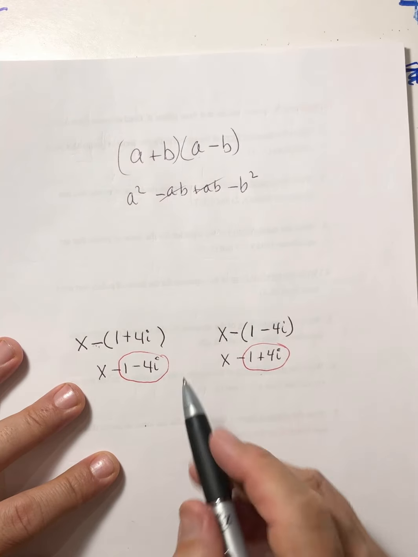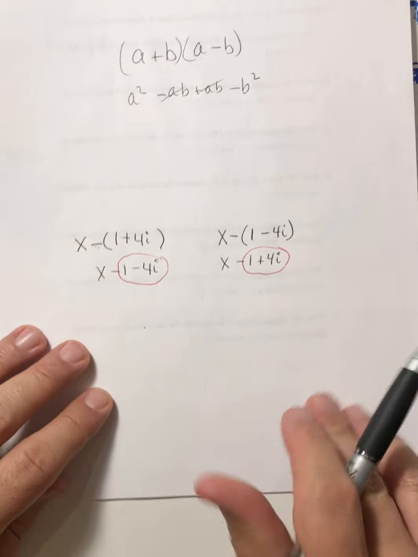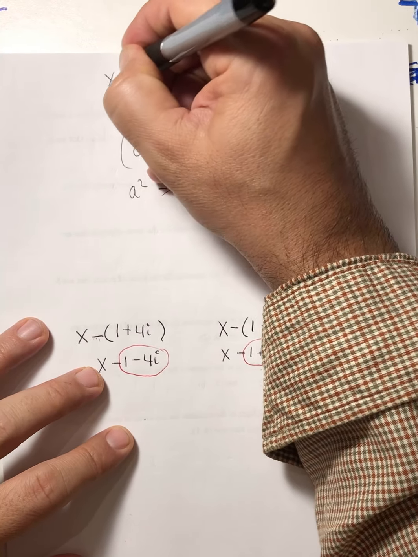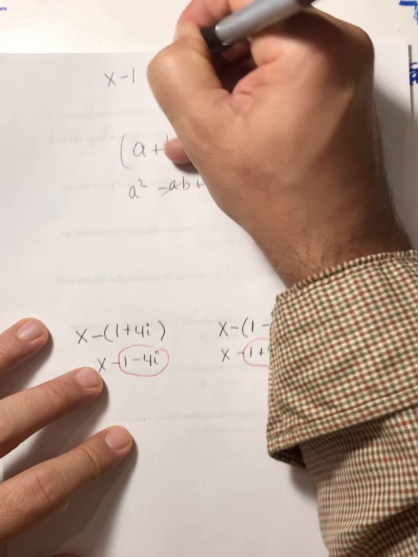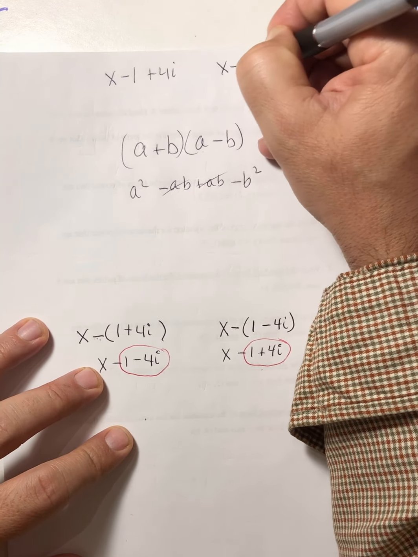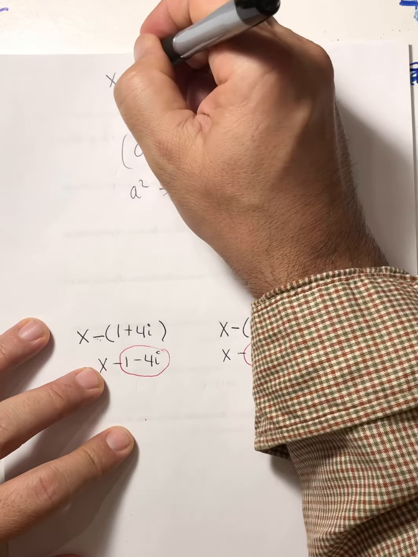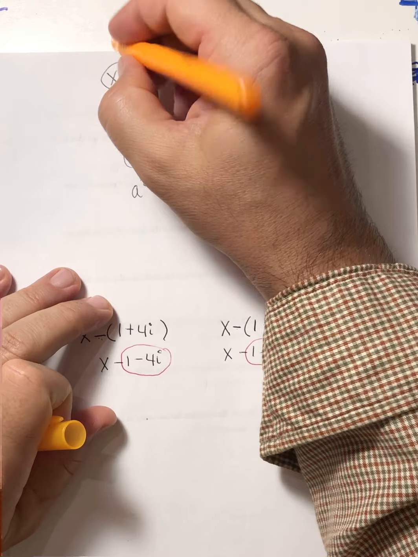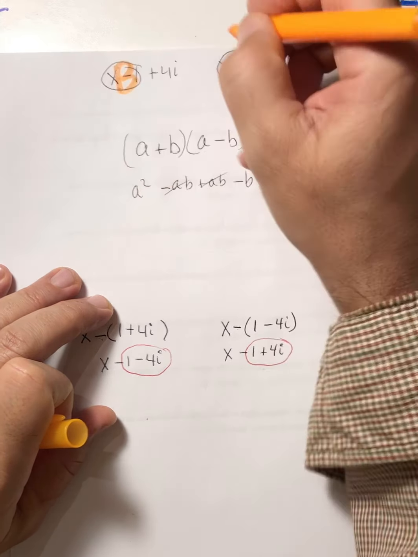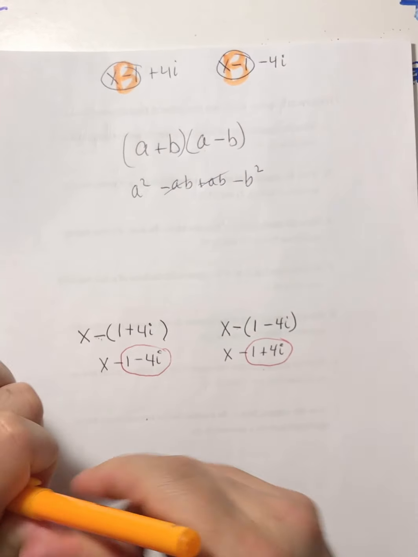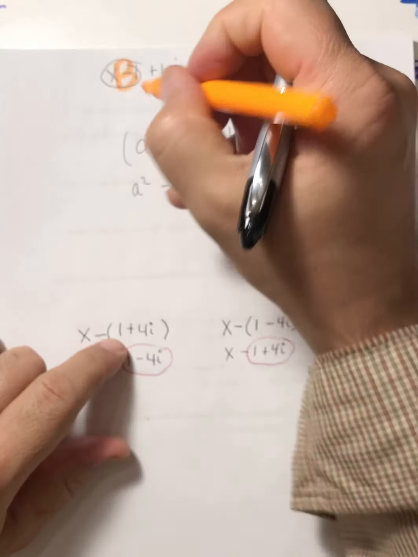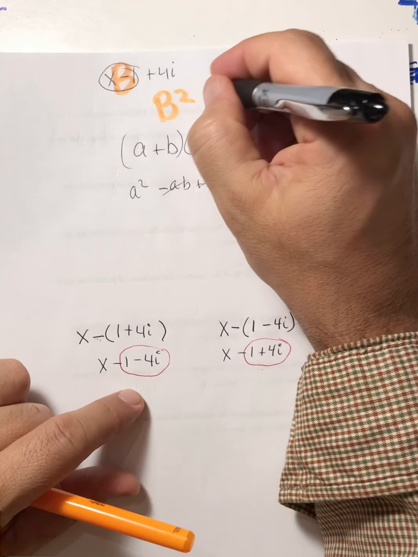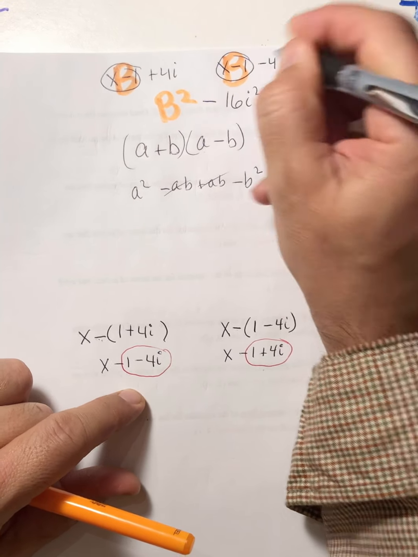So when you're looking at x minus 1 plus 4i and then x minus 1 minus 4i, look at this as, I don't know, call it your favorite letter B. So you're looking at b squared minus 16i squared.